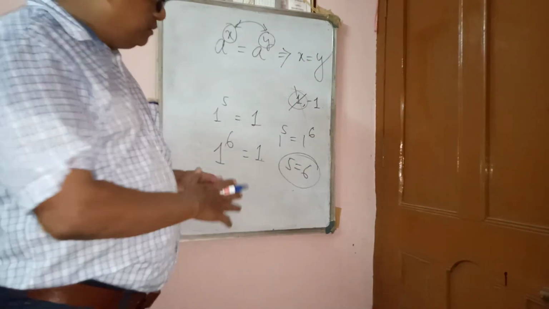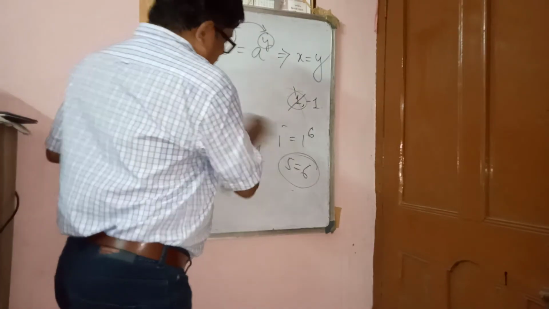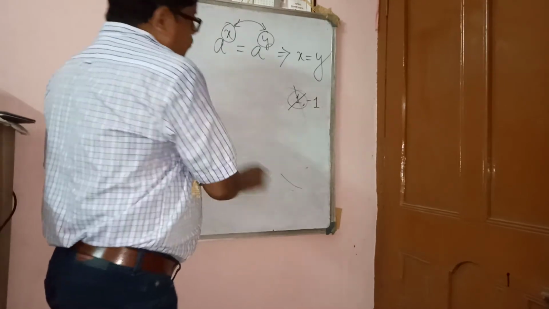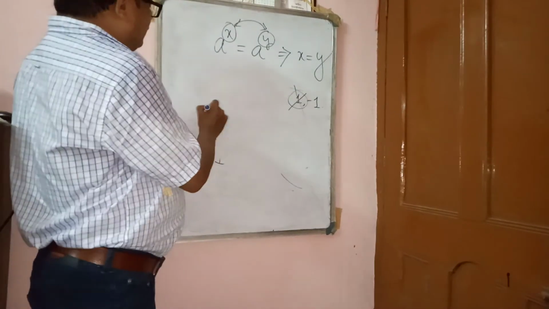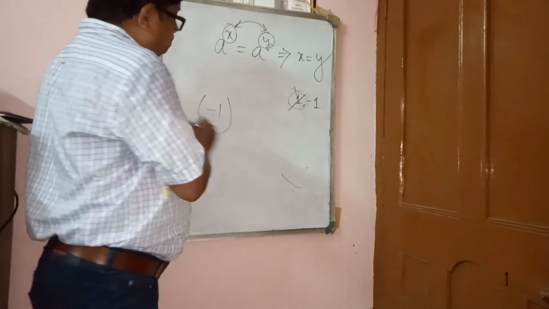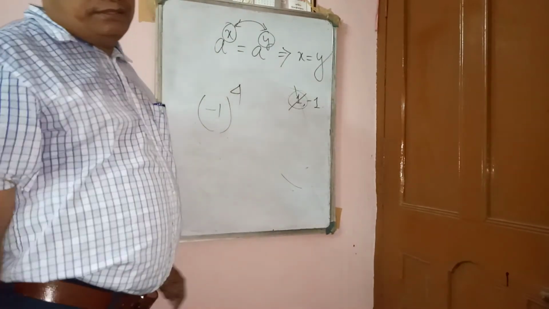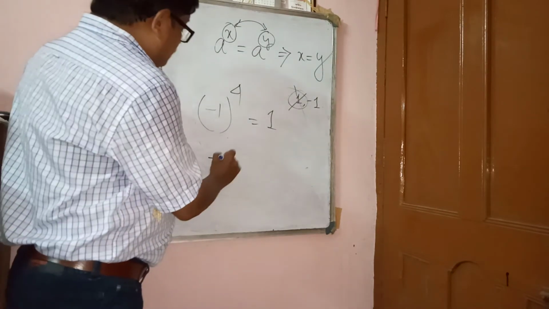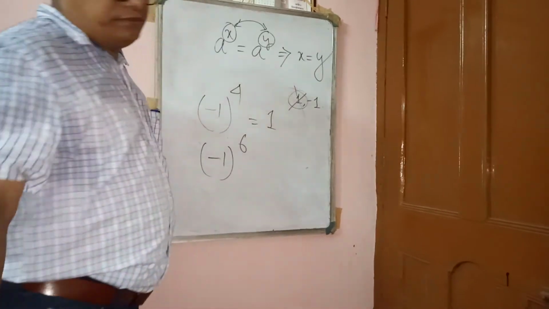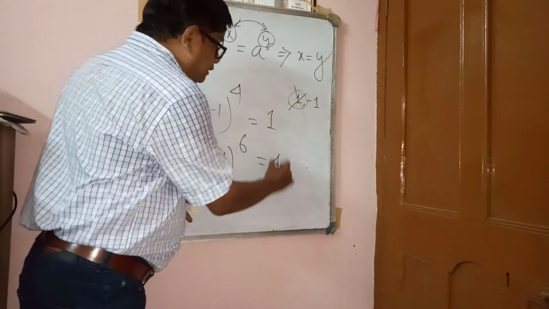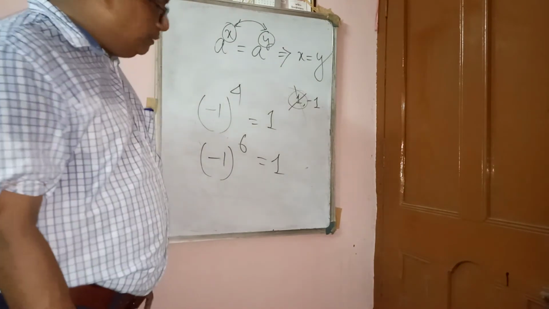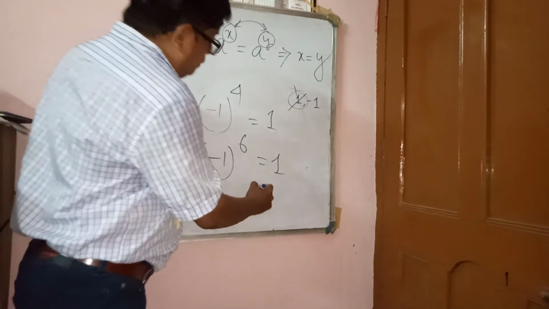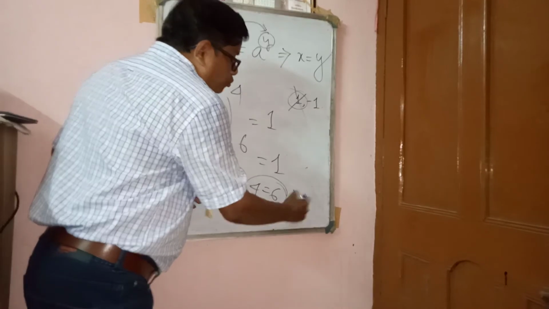And minus 1. Why are we not taking this value? Suppose minus 1 whole to the power 4, all is positive, so 1. Suppose minus 1 whole to the power 6, this is also positive. So if we take minus 1, this equals this, and 4 equal to 6 is not possible.